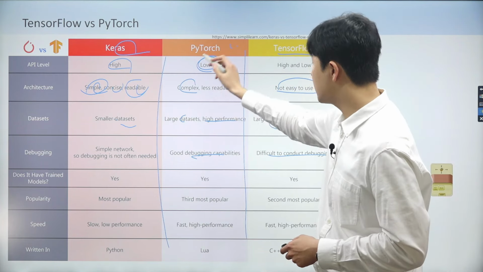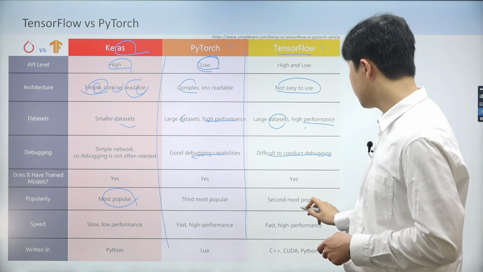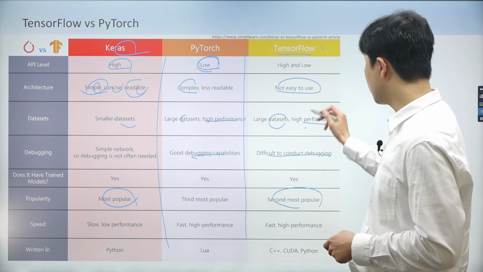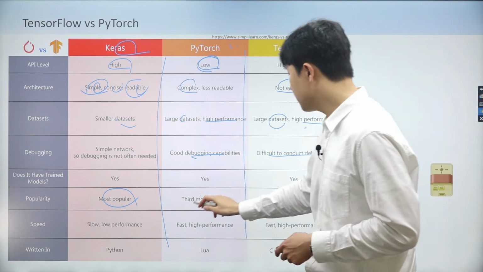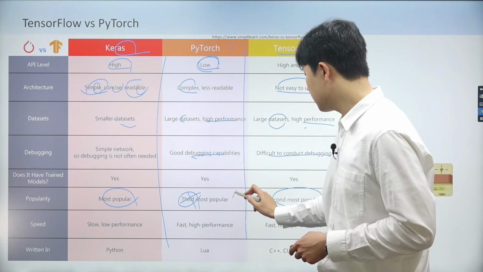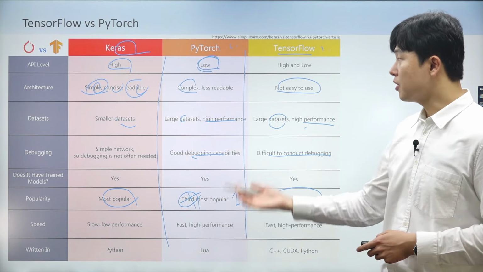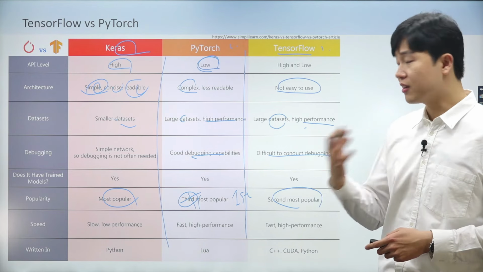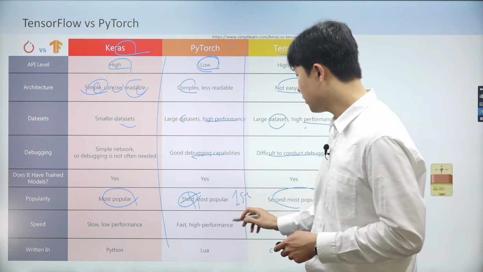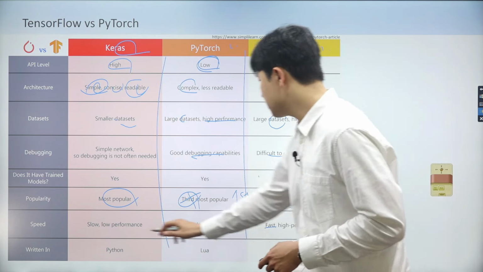In terms of popularity, Keras was the most popular since it was the easiest, and TensorFlow was second since it came out before PyTorch, which came out last of these. But now, the ranking has changed so that PyTorch is number one in terms of popularity. So, if you look at other artificial intelligence courses, you'll see that most of them now use PyTorch as the library of choice.